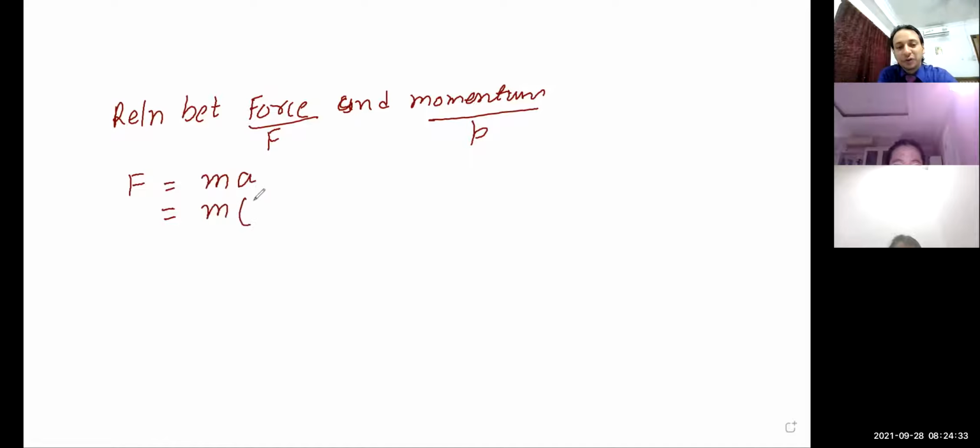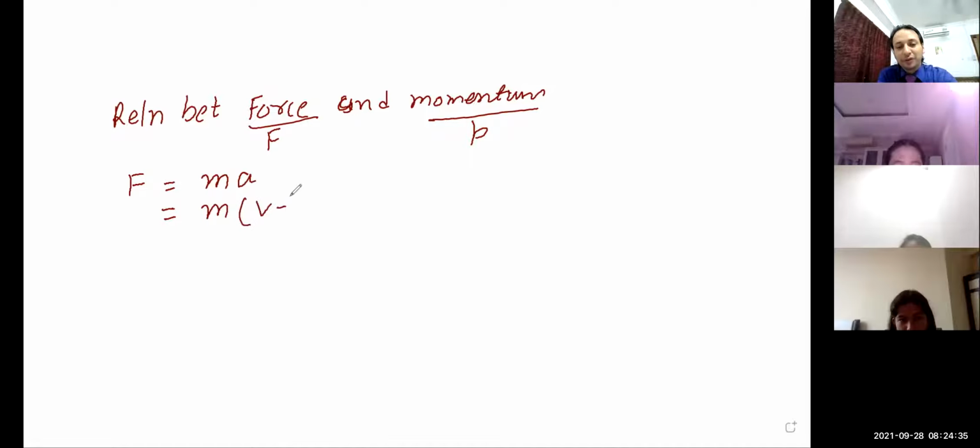Acceleration is change in velocity, (v minus u) divided by t. If you consider that the object started from rest, you can put u equal to 0. Otherwise, F is equal to m into v divided by t.